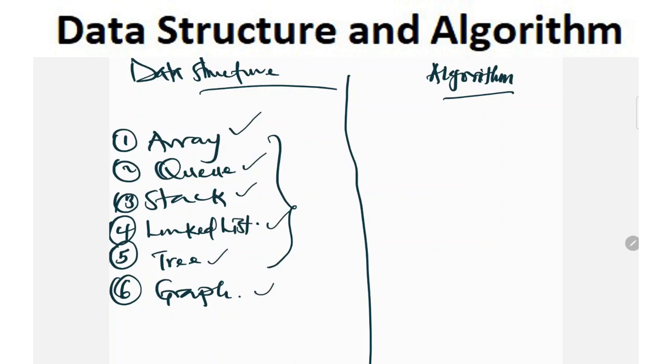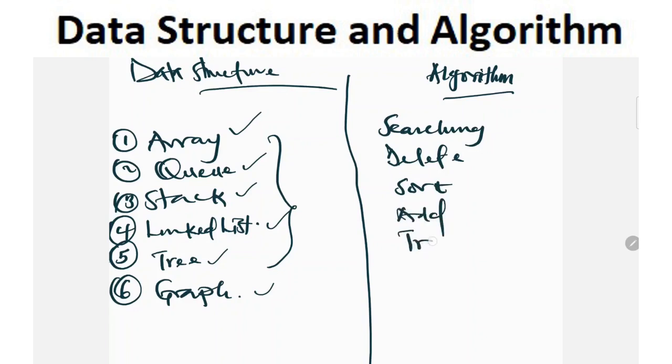But the way we perform these operations on them is what is different, right? What you just need to know now is that on each of these data structures we can perform a searching operation, right? We can delete, we can sort, we can add, right? And a lot of things like that. We can traverse, and a lot of other things like that that we can perform on these data structures.